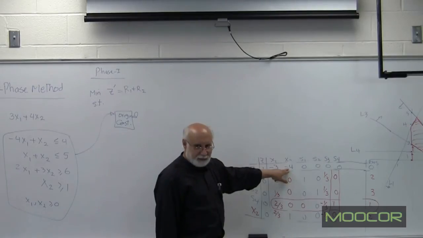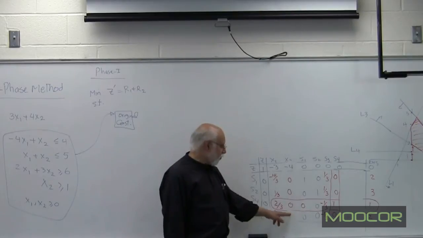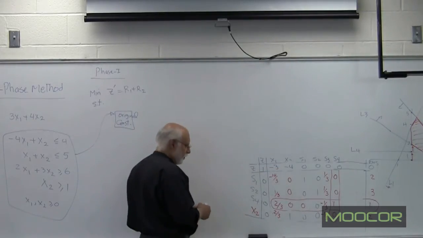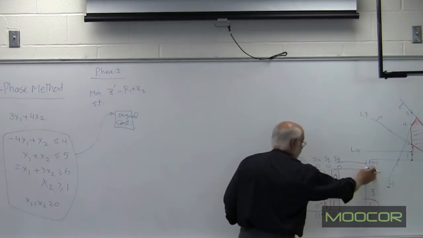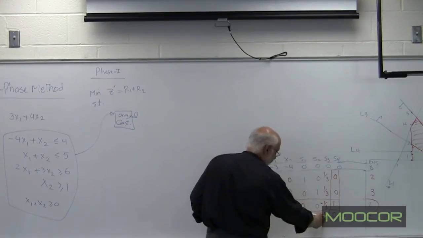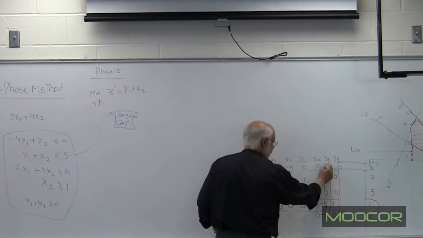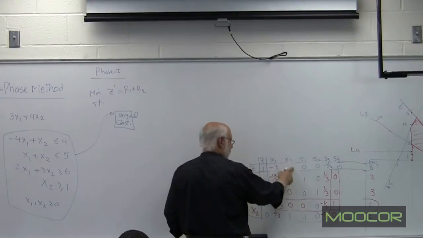How would I get rid of that? Multiply this row by 4 and add it up here. So multiplying this by 4, I would get 8. By 4, I would get minus 4/3. By 4, I would get 0.